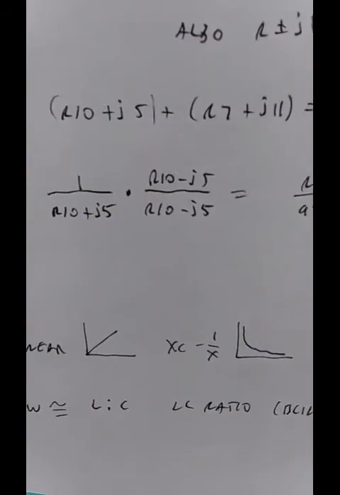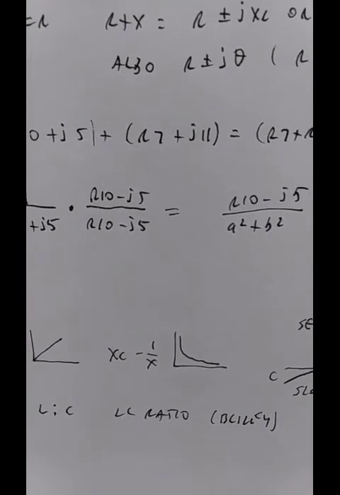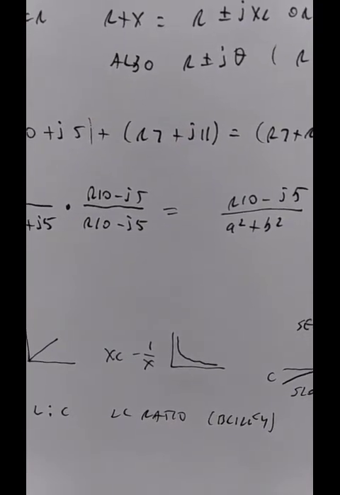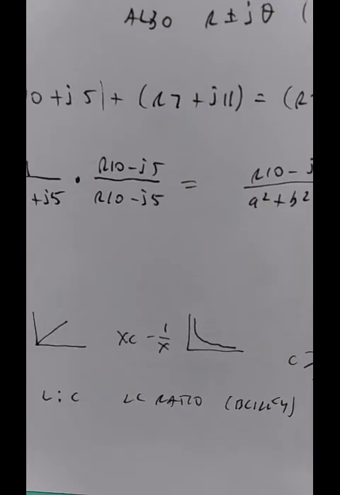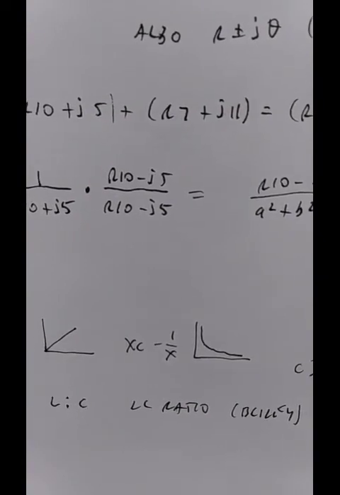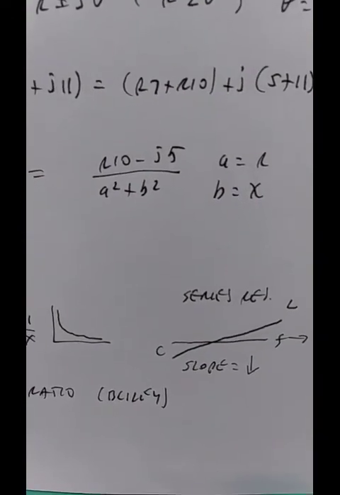They're never the same. The result of that becomes R10 minus j5 over a squared plus b squared, where a is a resistive value and b is a reactive value, and it's always a squared plus b squared. Just take the numbers. 10 squared is 100, 5 squared is 25, add them together, 125, stick it in the denominator. That's done. No messing with it.